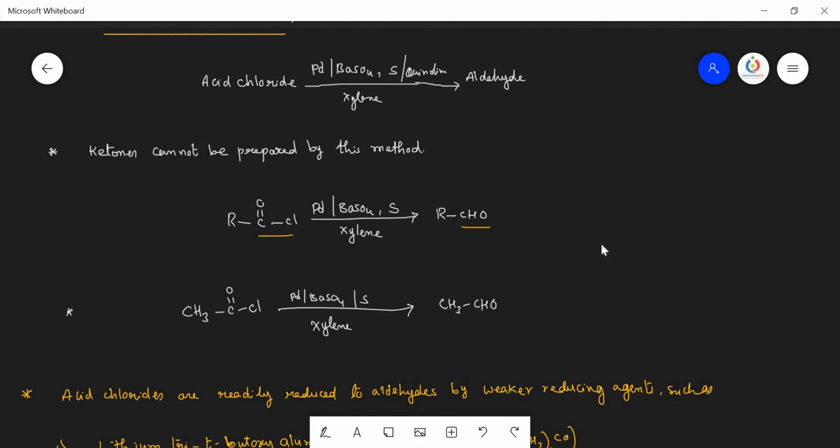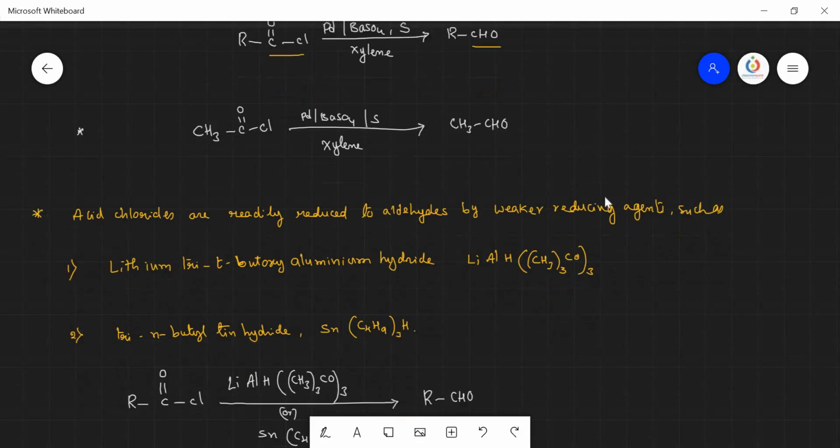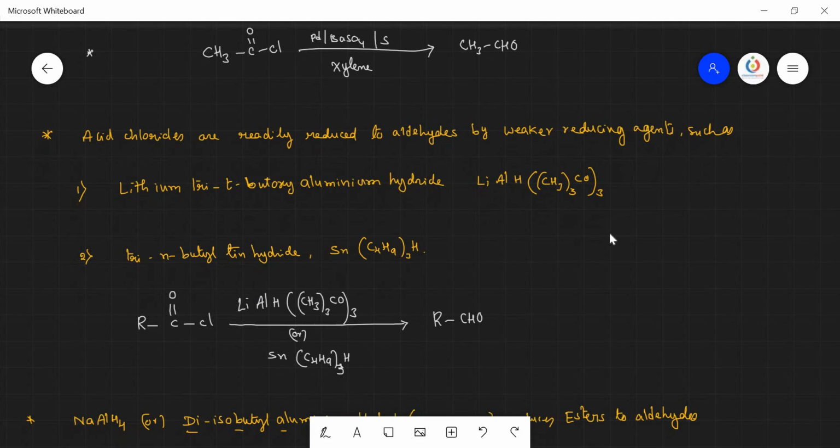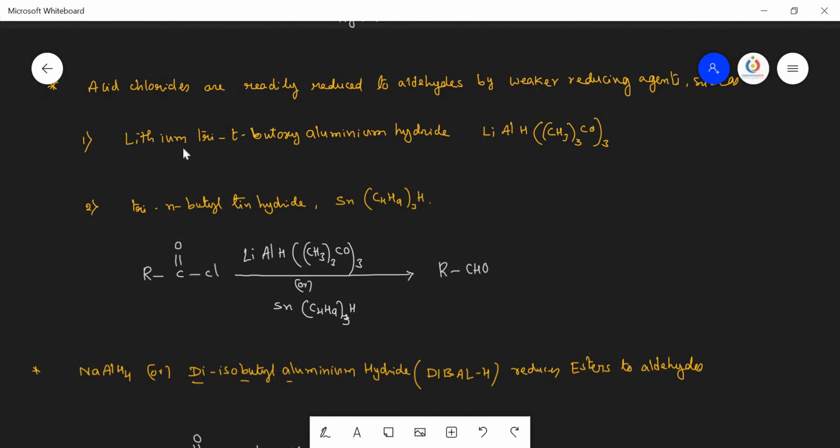If you want to prepare the ketones from the acid chlorides, Rosenmund's reduction is not a suitable method, but other methods are there. You need to subject these acid chlorides to other reagents such as lithium tri-tertiary-butoxy aluminum hydride. This is the reducing agent, and similarly tri-n-butyl tin hydride.